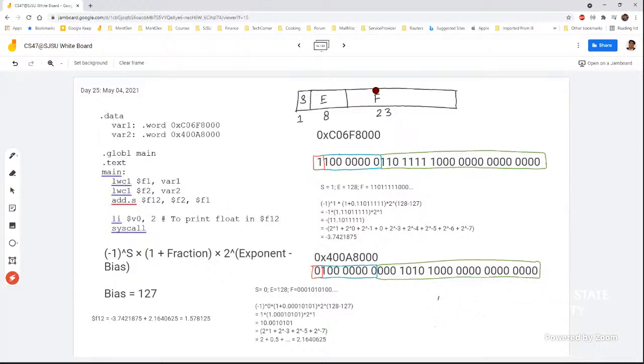And NaN is when the exponent is 255 and the fraction has at least one non-zero bit. It doesn't matter which bit is non-zero. If the fraction part has a non-zero bit and the exponent has bit pattern 255, the sign bit doesn't matter.